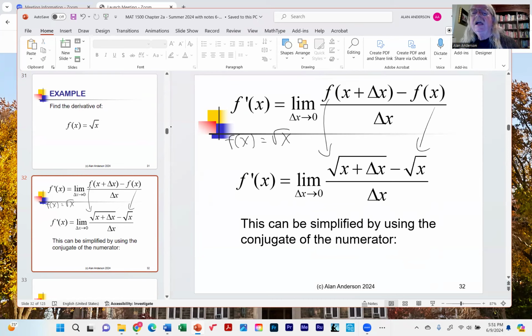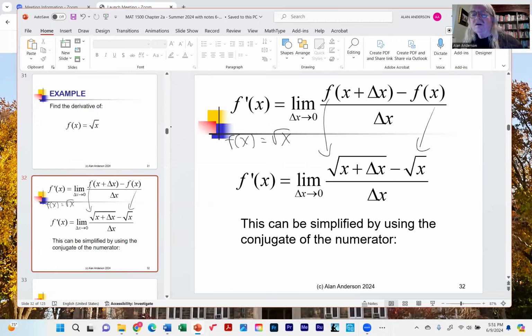That never changes. And then we want to take the limit as delta x goes to 0. Now, if we use direct substitution right now, we're going to wind up with 0 over 0, which is not what we want. That's a real problem. But when we were studying limits, we saw that we can often find algebraic ways of dancing around this problem.